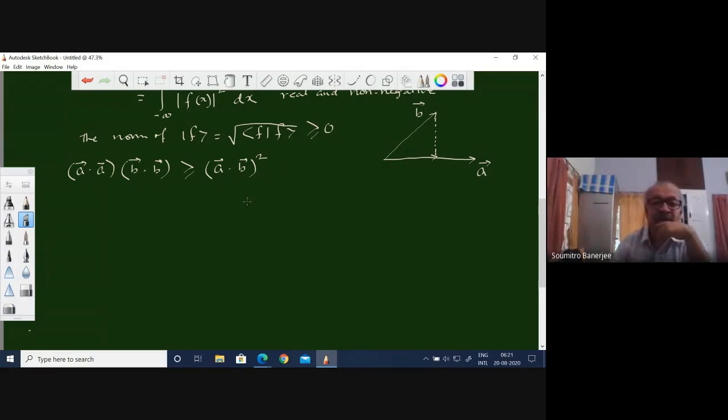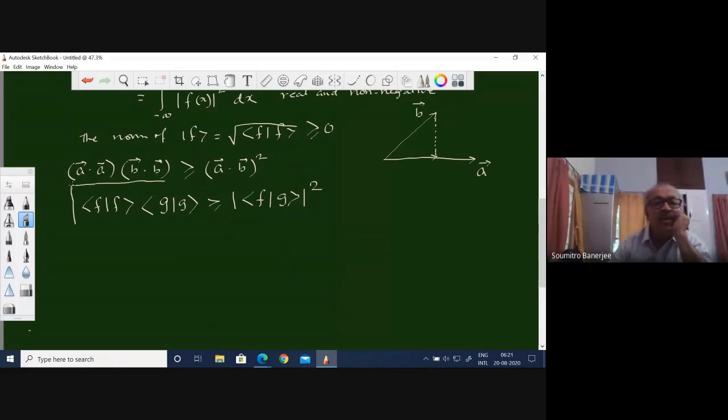And if this is true in the vector space, in the function space its equivalent is to write something like this, which should be bigger than this. This is actually an extremely important inequality which we will use in deriving the uncertainty principle.